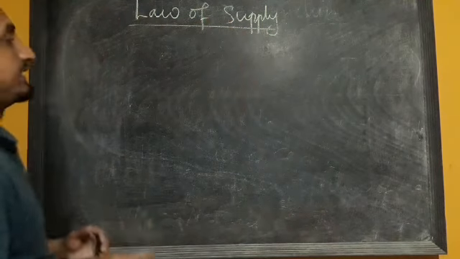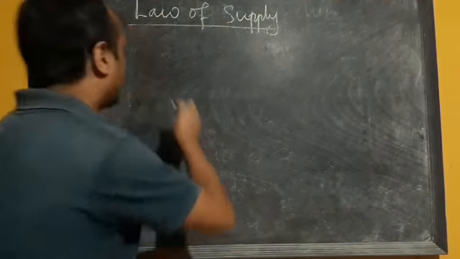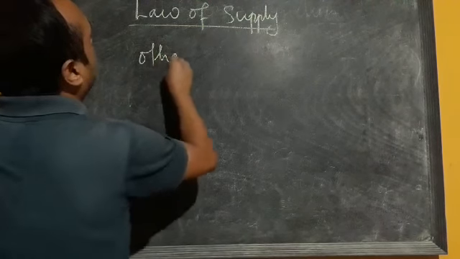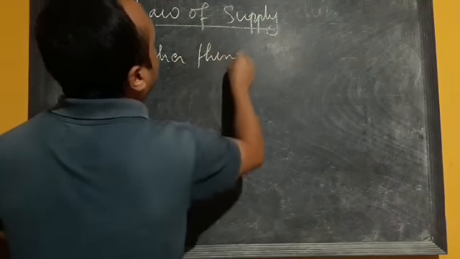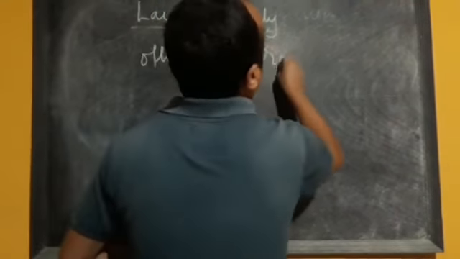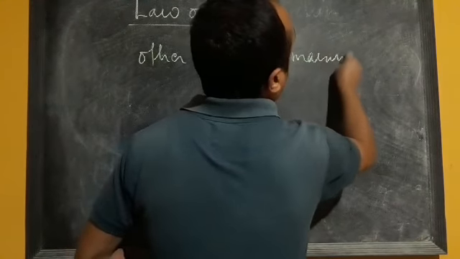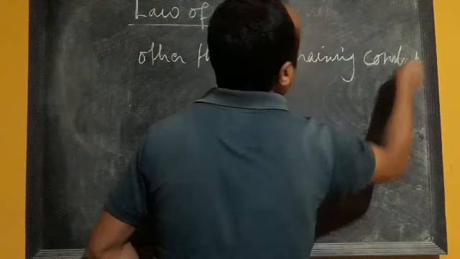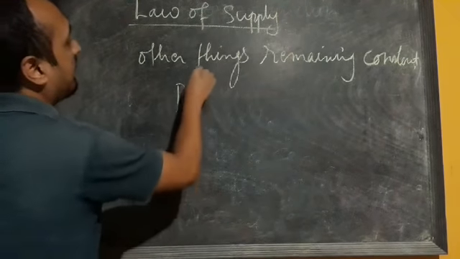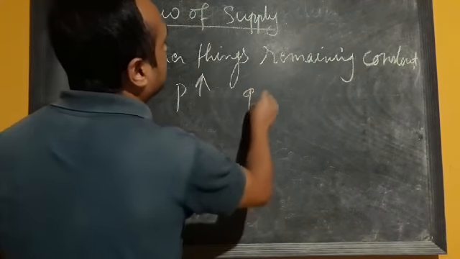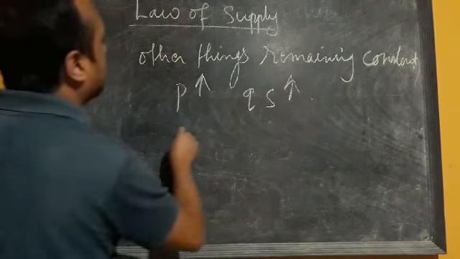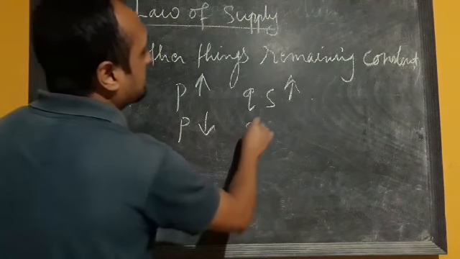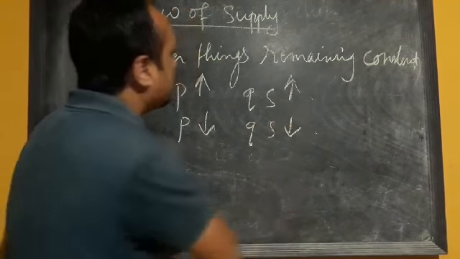The statement goes like this: other things remaining constant, when the price of a commodity increases, quantity supplied will increase, and when the price of a commodity decreases, quantity supplied will decrease.